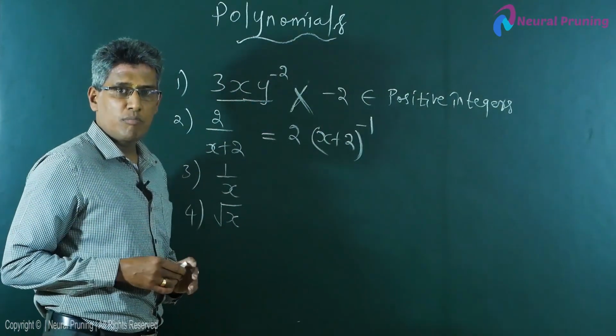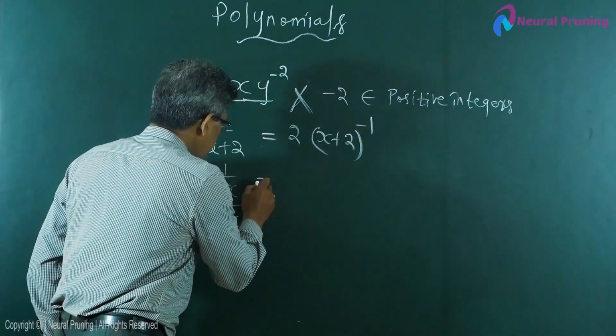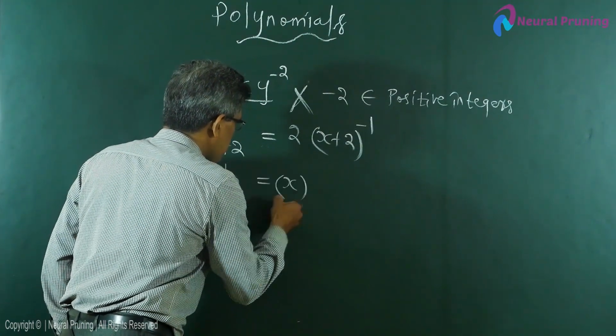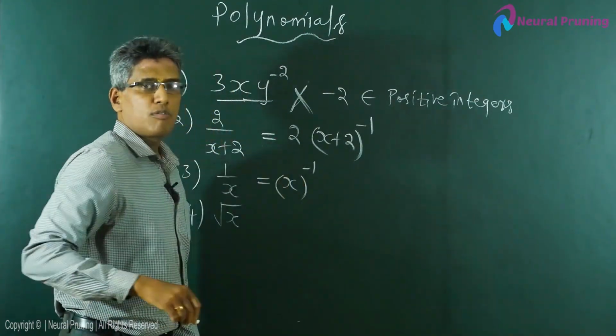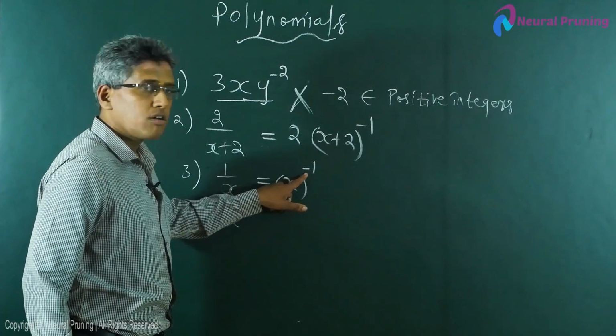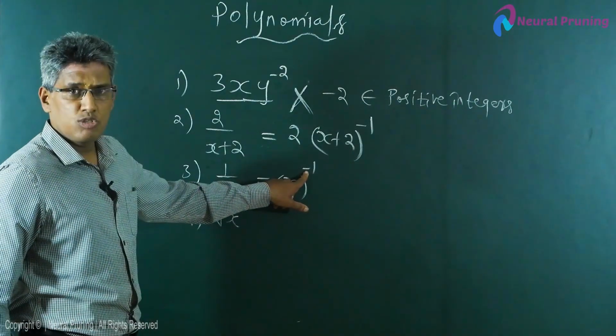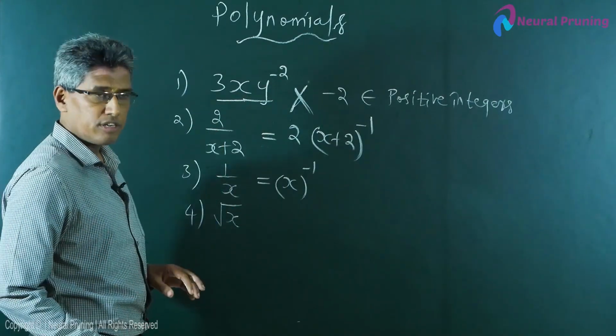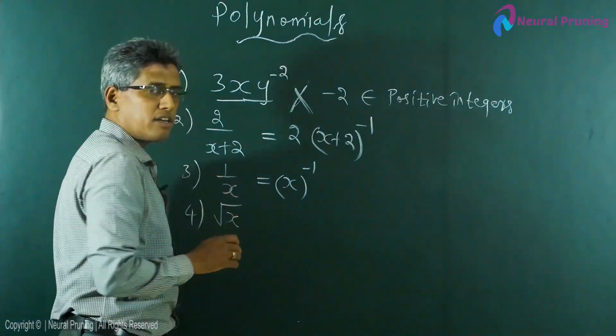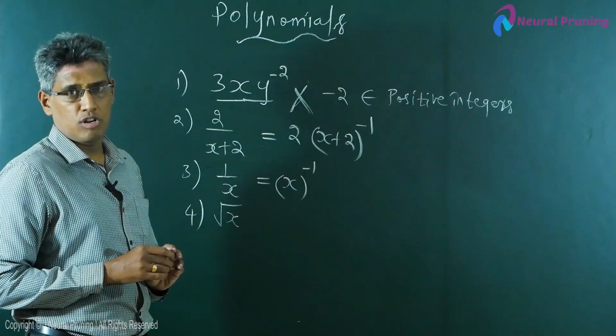Third case, 1 by x. Again 1 by x is nothing but x raised to the power minus 1. So, again on the same grounds, since minus 1 happens to be a negative integer, this particular example 1 by x is not a polynomial.